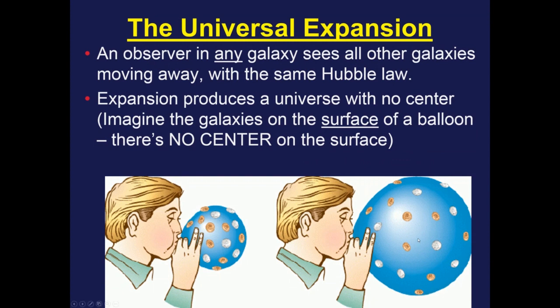The rubber stretches, and every galaxy, here it's little dots taped on. The dots don't change size because they're taped on, but the distance between each dot increases over time. Everything is moving away from everything else.